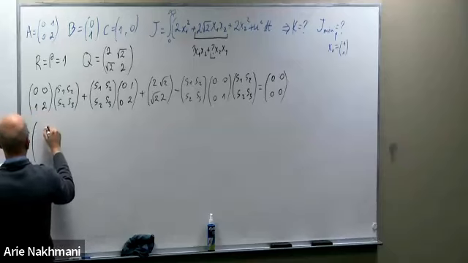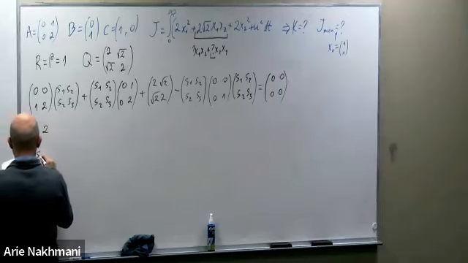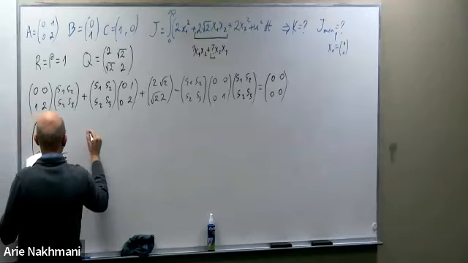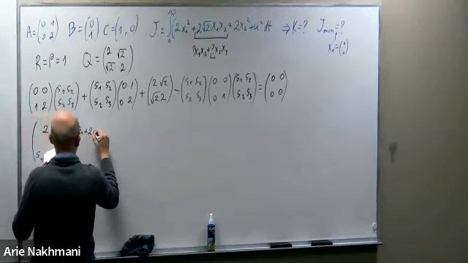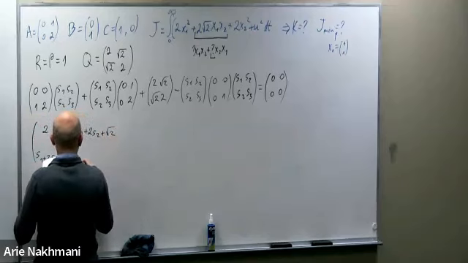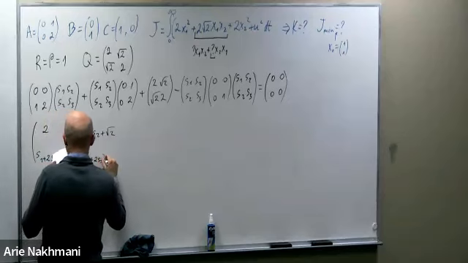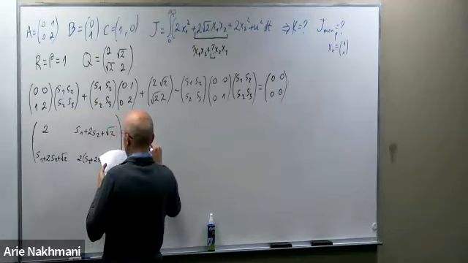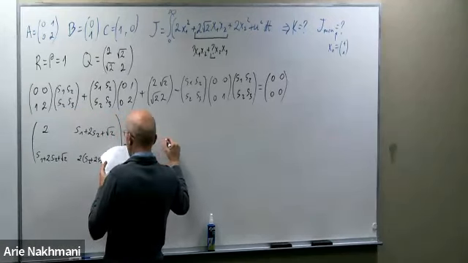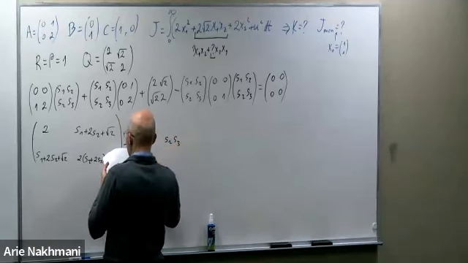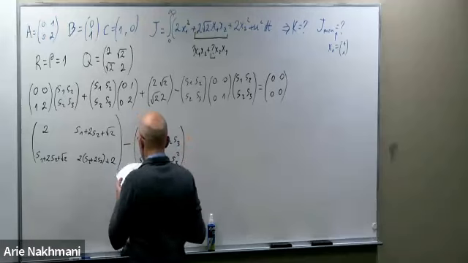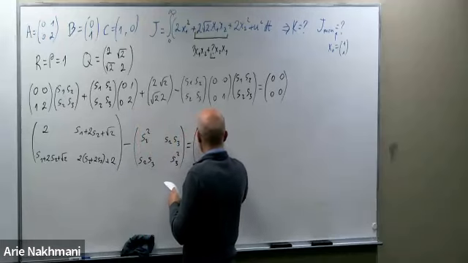What you get is 2 here, S1 plus twice S2 plus square root of 2, then S1 plus twice S2 plus square root of 2, twice S2 plus twice S3 plus 2, minus S2 squared, S2 S3, and S3 squared, equals a matrix of zeros.